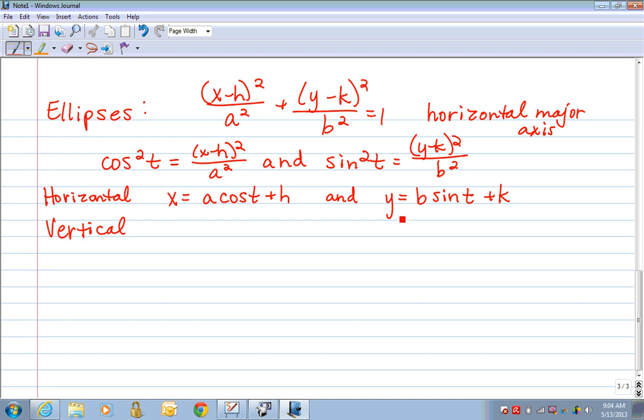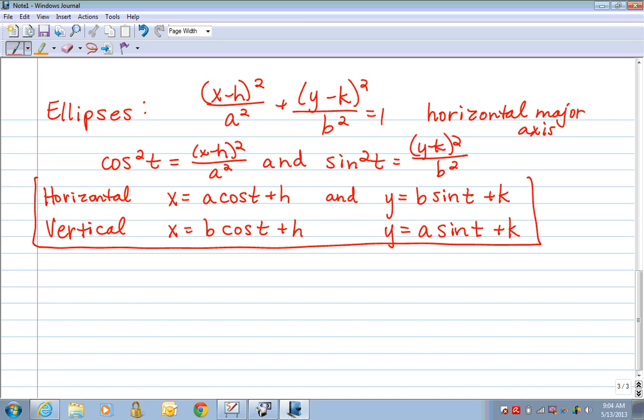So writing this part first, we have y, then the a would be the coefficient of the sine t plus k. Notice again that the sine and the k are always in that same equation together, but the only thing switching is the a and the b because of the equation. So for vertical and horizontal axes, we have our parametric equations for ellipses.